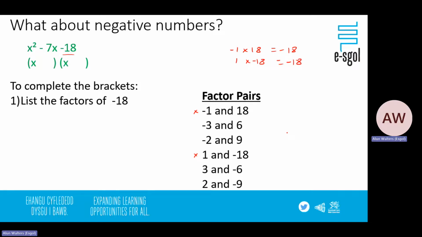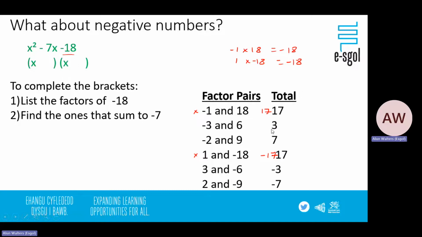Because we're dealing with negatives, obviously total them up. So the total of 18 and the minus 1 is 17, whereas the total of 1 and the minus 18 is minus 17. I've done this as shown here.